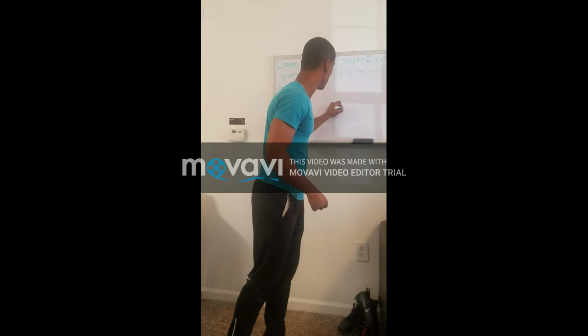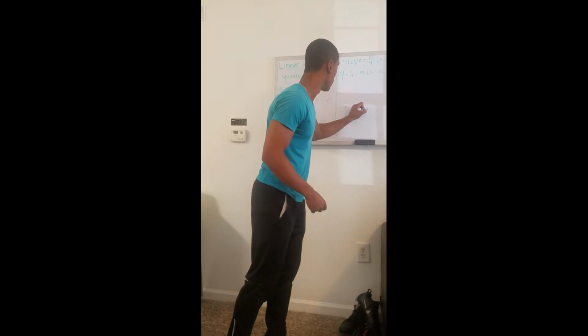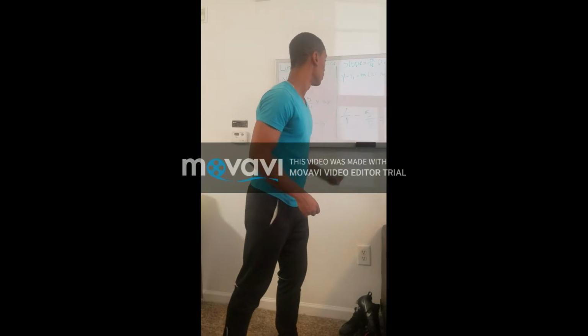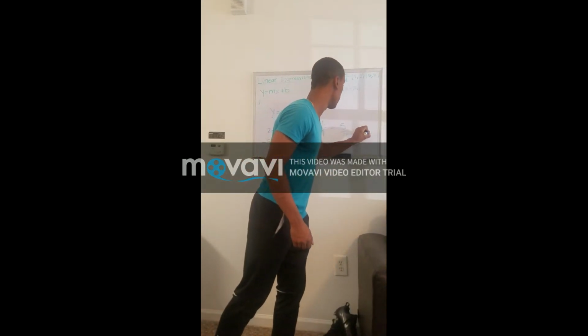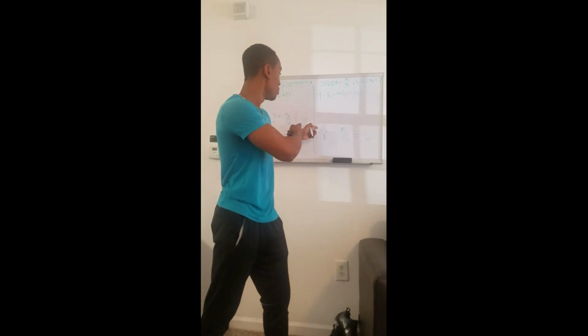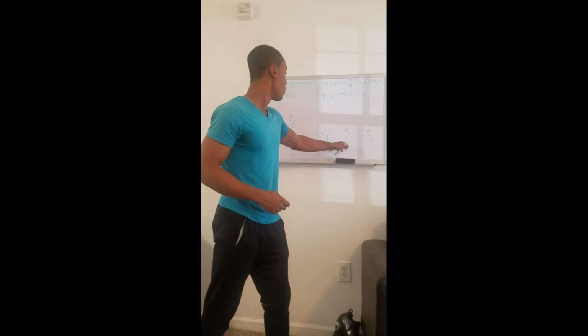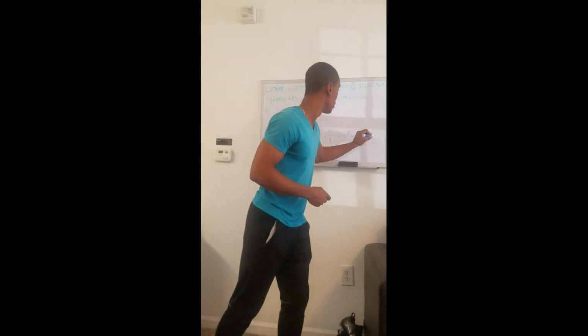We got 2 over 1 minus 5 over 4. So they have a common denominator of 4. Let's give it a common denominator of 4. 1 goes into 4 4 times. 4 times 2 is 8. 4 goes into 4 once. 1 times 5 is 5.